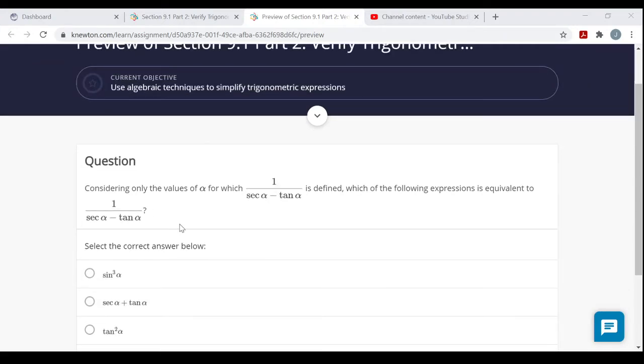Alright, so this is use algebraic techniques: adding fractions together to make a single fraction, simplifying complex fractions, simplifying fractions in general, all that kind of stuff is what they're talking about here. And also, in the midst of all of it, you're going to have to use your identities, right?